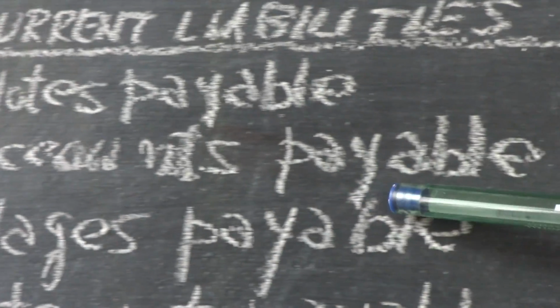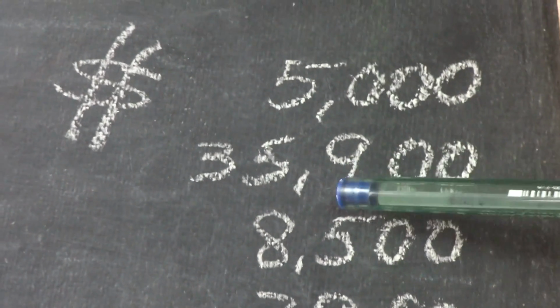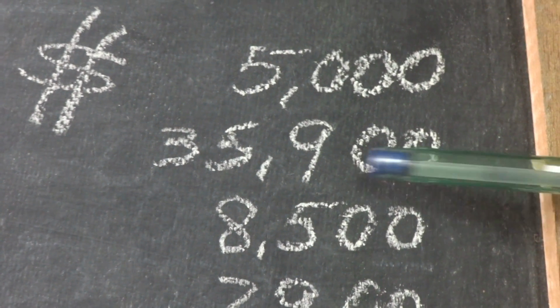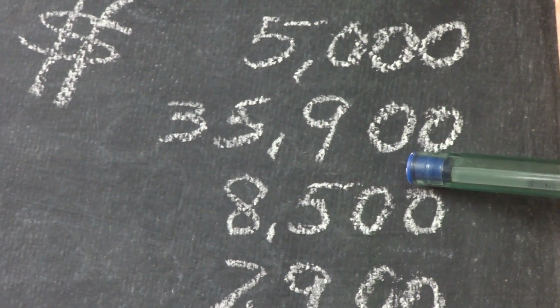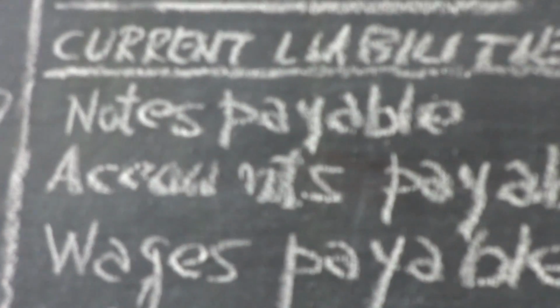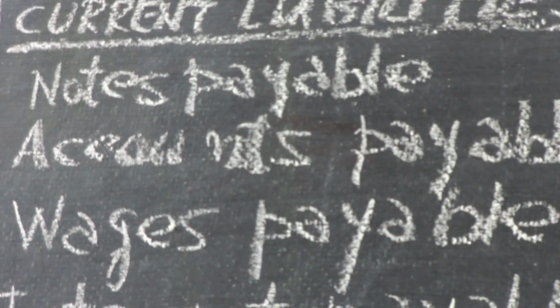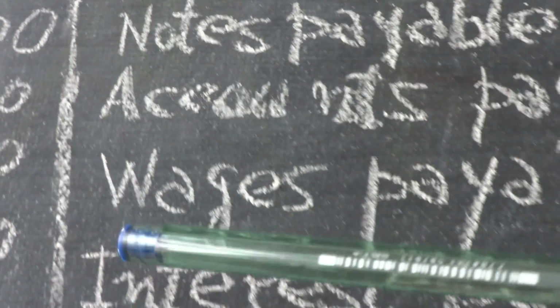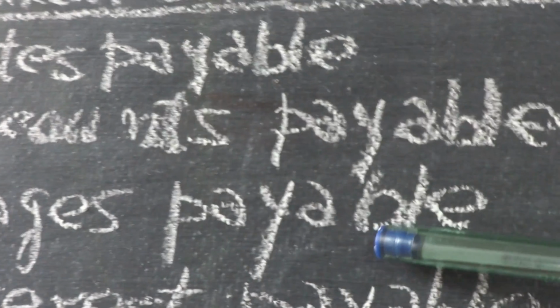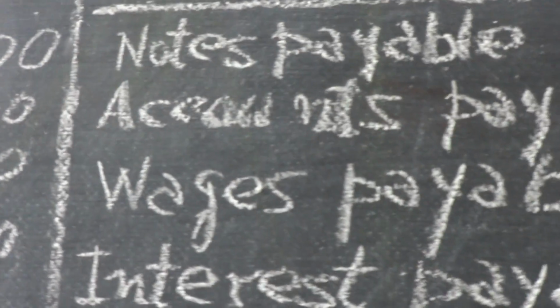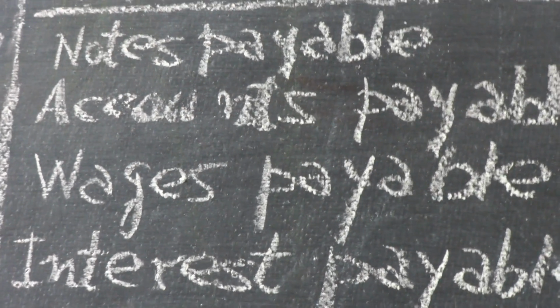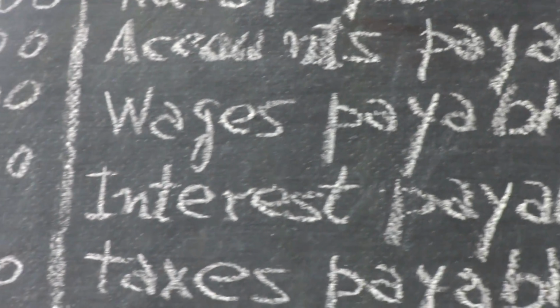Then we have accounts payable by $35,900. These are the invoices the Bright Corporation has to pay to its creditors. Then we have wages payable by $8,500, which is the remuneration that Bright Corporation has to pay to its employees.